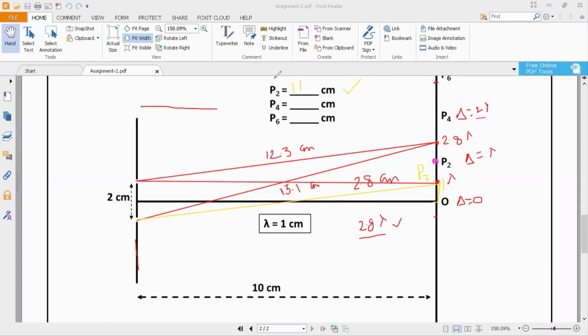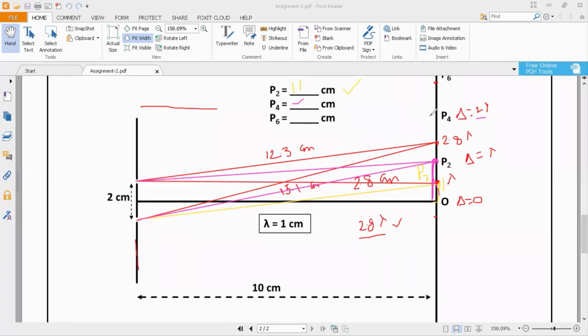For this, measure this length and again measure this length. The difference should be 2 lambda, that means 2 centimeters should come. If it is 2 centimeters, then you have to find the height and write it here.